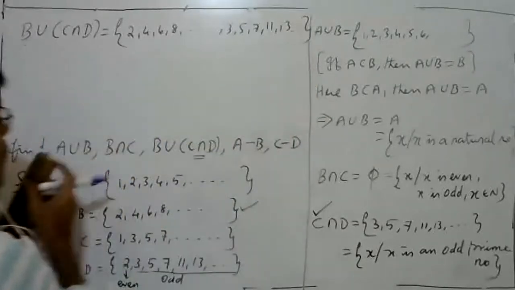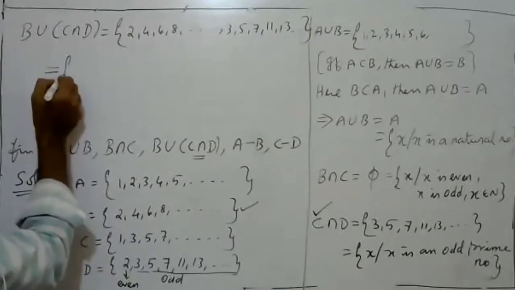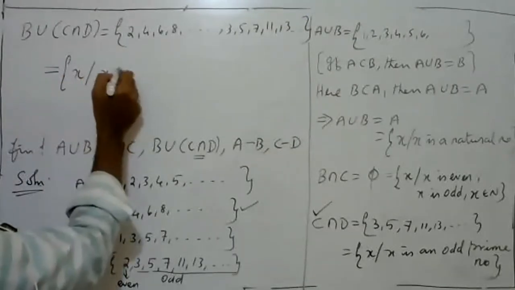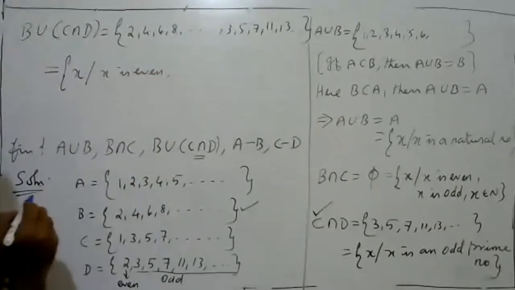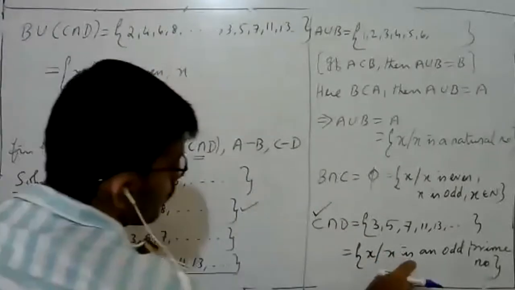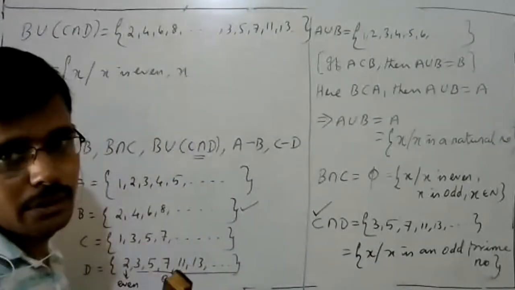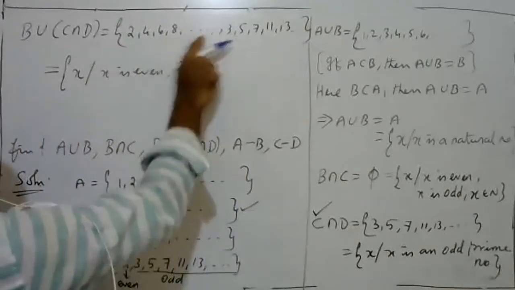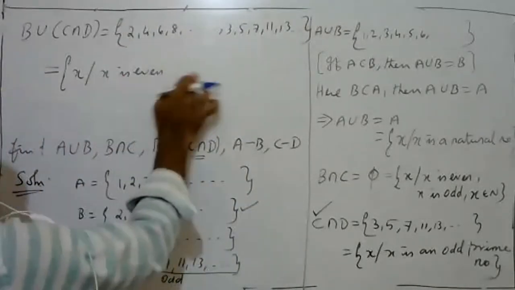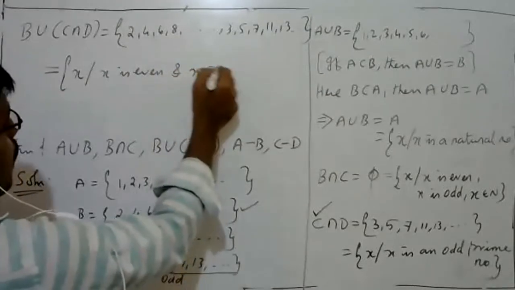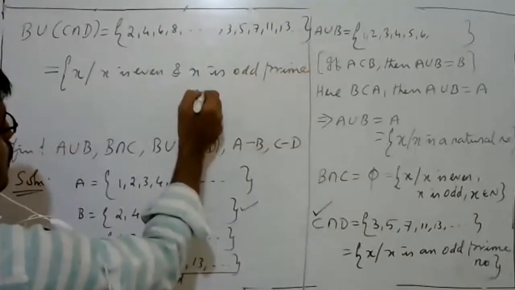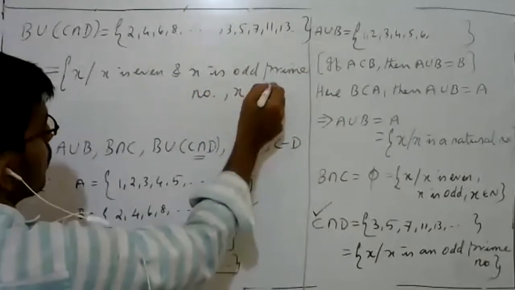So set builder form is, look at that. The set of all x, where x is even, and x is an odd prime number. x is even includes all the elements 2, 4, 6, 8, everything, and x is an odd prime number, and x belongs to N. x is a natural number.